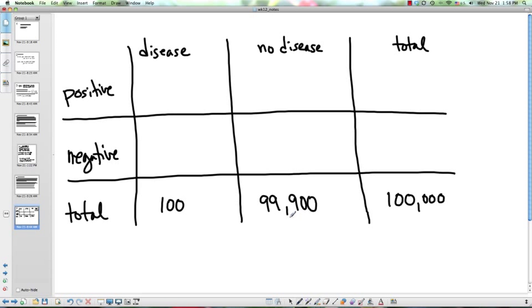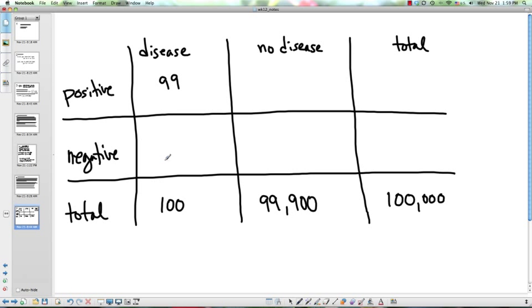99,900 without the disease. Now the test, it said that it was 99% accurate. Let's suppose, for the purpose of having concrete numbers, that there were actually going to be 99 people that test positive, since it was 99% accurate. So if there were 99 people that tested positive out of the 100, that would be an expected result if there were 100 people with the disease.